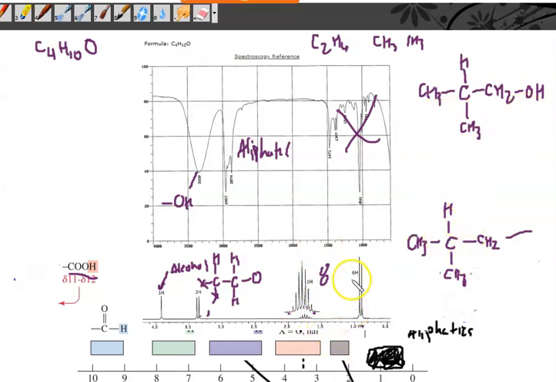So how in the world can I have 6 hydrogens on a molecule? Remember, if we have hydrogens that are equivalent, they show up in the same range. If you see anything 4 or greater, that means you should split it in half, because you have two groups showing in the exact same area, two of the same groups in the same environment.